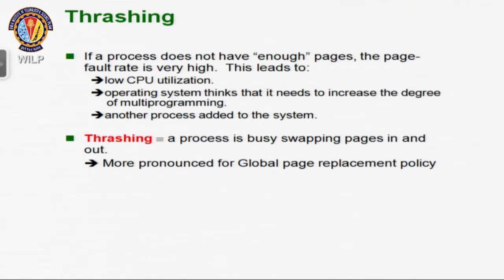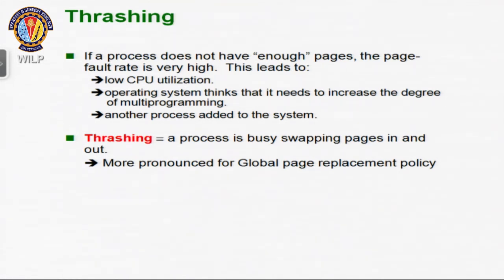If a large number of page faults are happening, then the processor is required to execute the page fault handler quite often. This leads to low CPU utilization, because every now and then the process is going to be suspended.